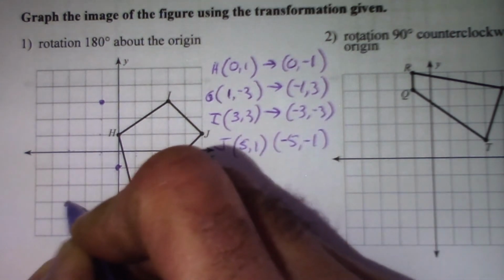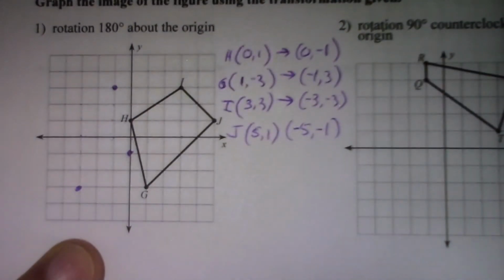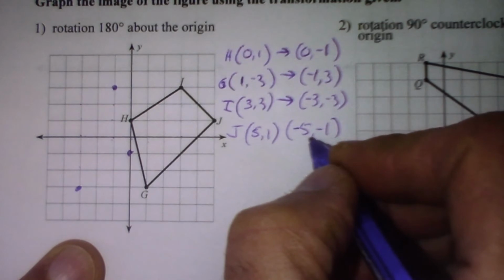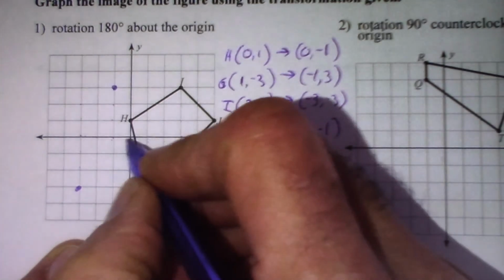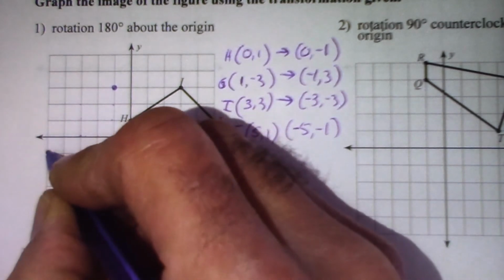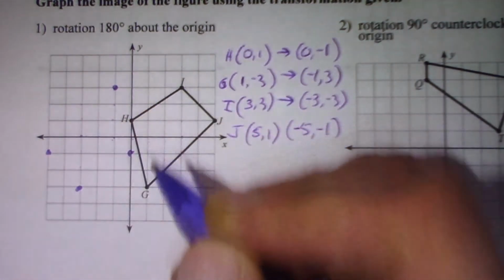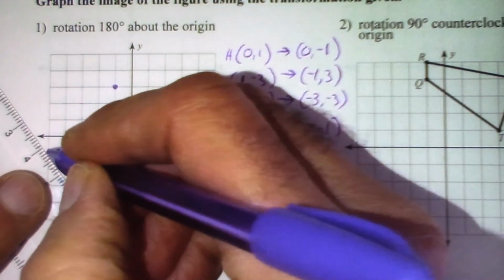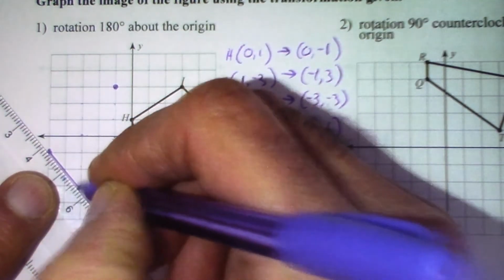See, I caught myself. Good thing I'm paying attention. And then we've got -5 and -1. So -5, and -1 is here. Okay. Put those all together and we will have a rotated figure.